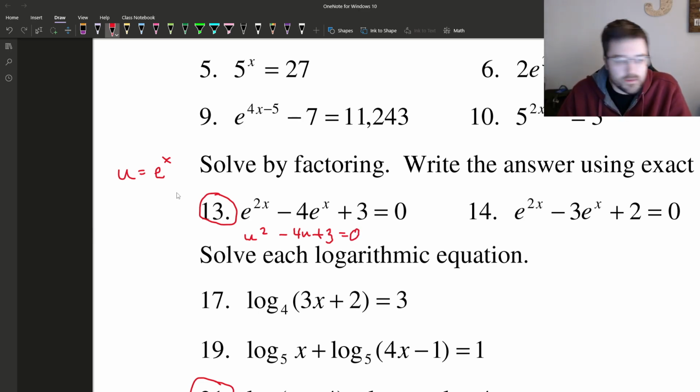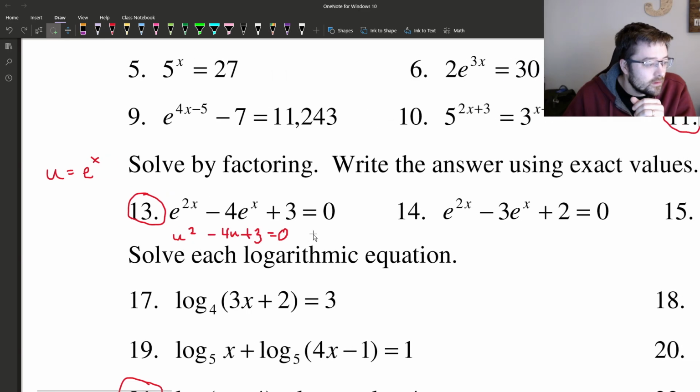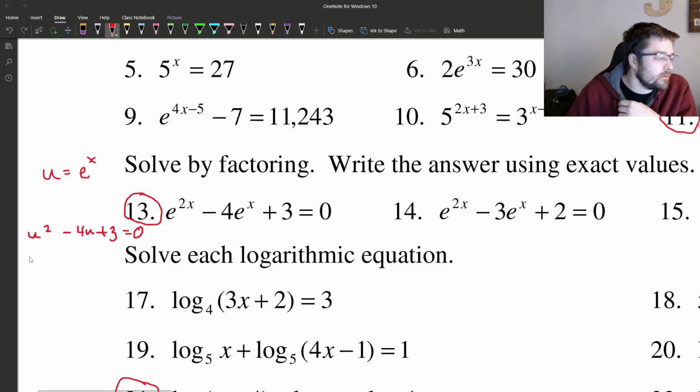And you can solve this by writing its factored form. So u minus 3, u minus 1 equals 0.